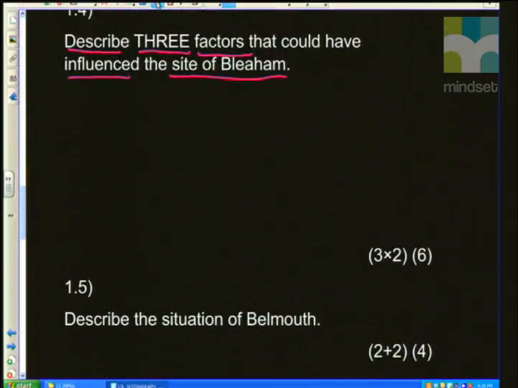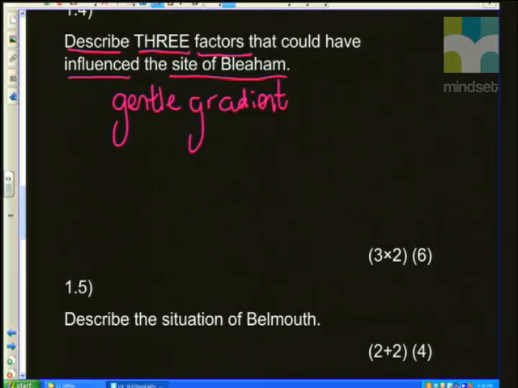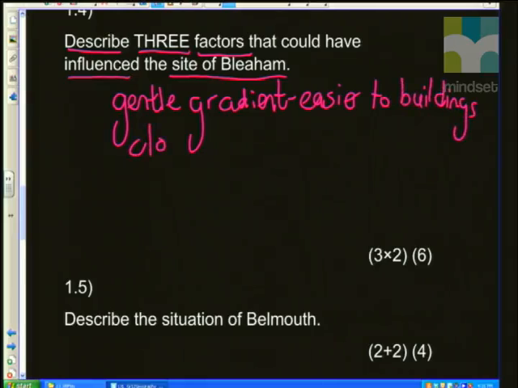Right, so the first one was that there was a gentle gradient, and we're just describing it. So gentle gradient, so it's easier to build. We also said that it's close to transport networks. So it's close to roads. It's easy to access those roads. Okay?